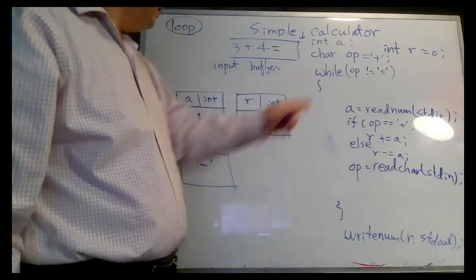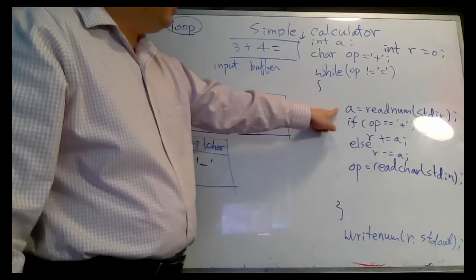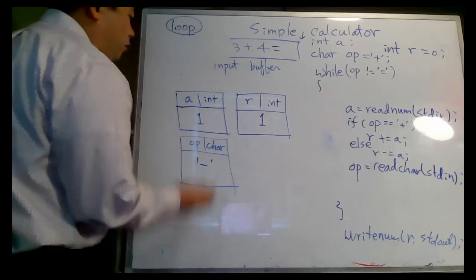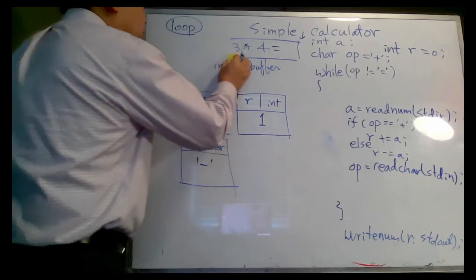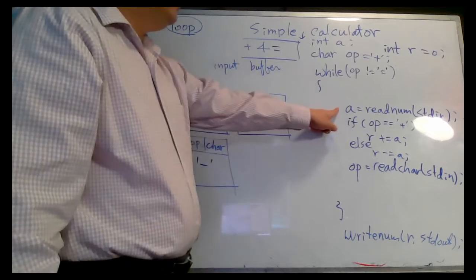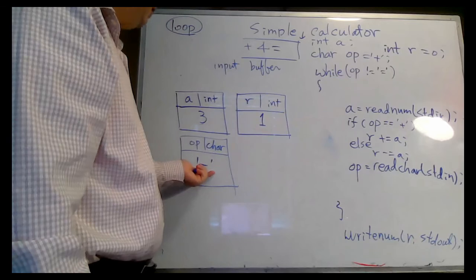You go back. Operator is not the equal sign. That's good. You read a number, so now 3 is in here, and then you read all 3 from the input buffer. And then what? Check out the operator. Now this is minus.